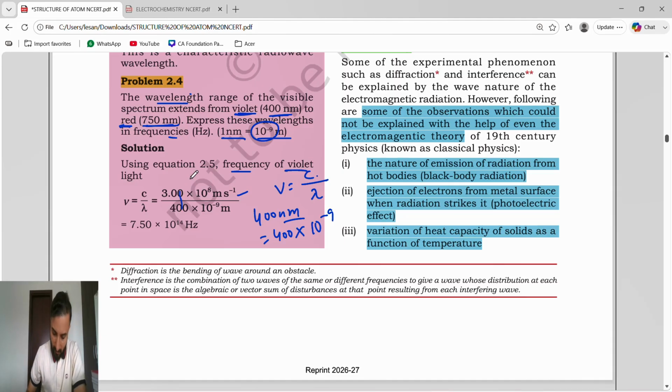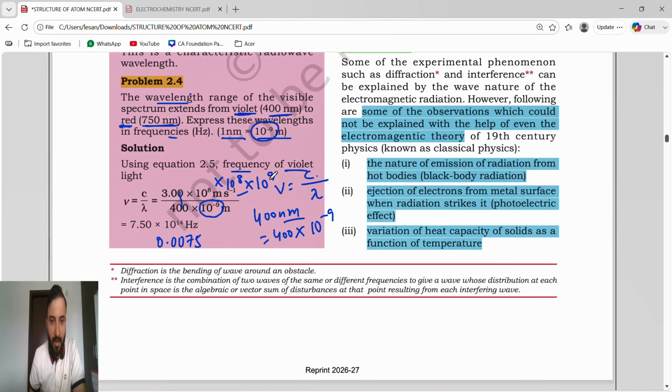So 3.0 divided by 400, you are getting 0.0075 into 10 to the power of 8. Now this 10 to the power of minus 9 will go up, so minus 9 will become plus 9.